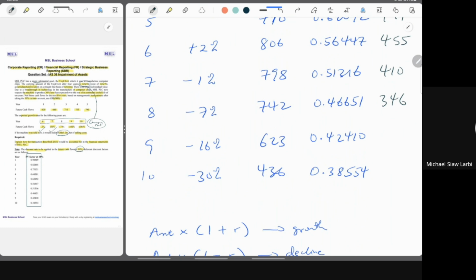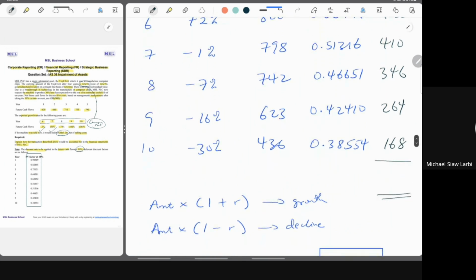So 623 times 0.42410 should give me 264.2. So that is 264. Then the final one, 436 times 0.38554, should give us 168.0. So that is 168.